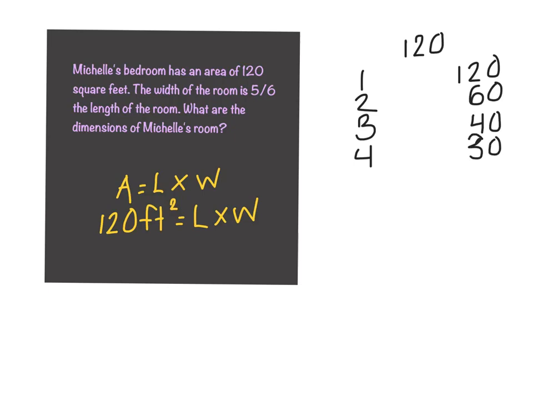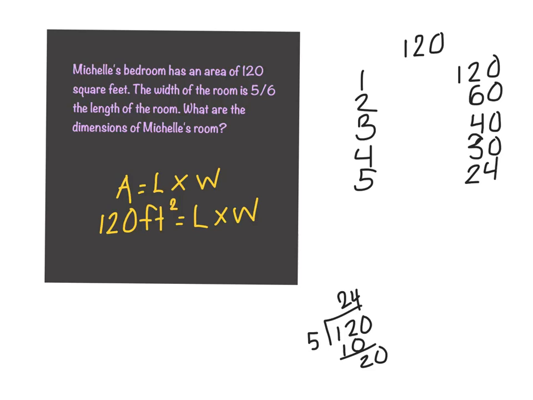I know that 5 will go into it because it ends in a 0, so 5 into 120. 5 goes into 12 twice. 5 and 24. I still haven't found any numbers that are really close to each other.